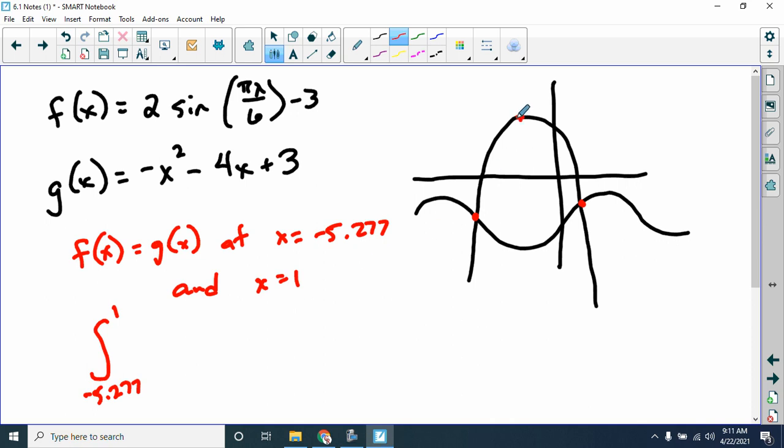Notice the top function here was the quadratic. It was the second one that your calculator graphed, which is the g of x. So this time we're doing g of x minus the bottom function, which is f of x. Make sure you have g of x minus f of x in parentheses. Make sure you have your dx here.